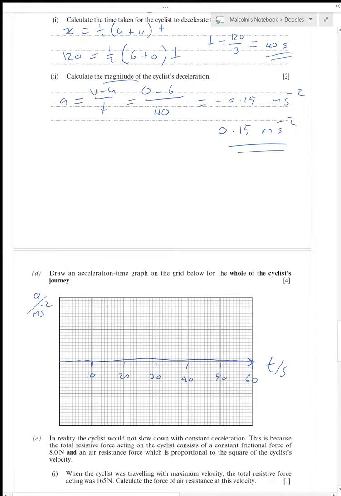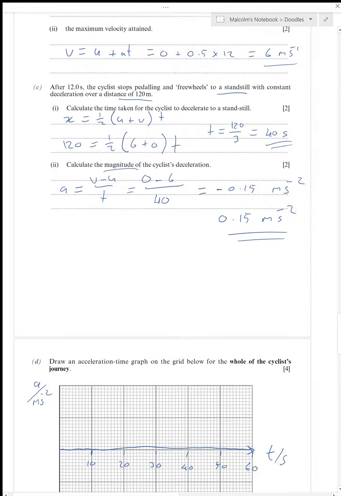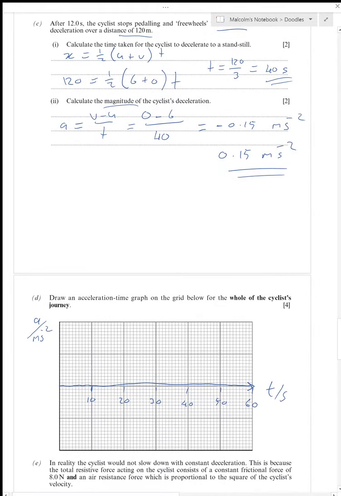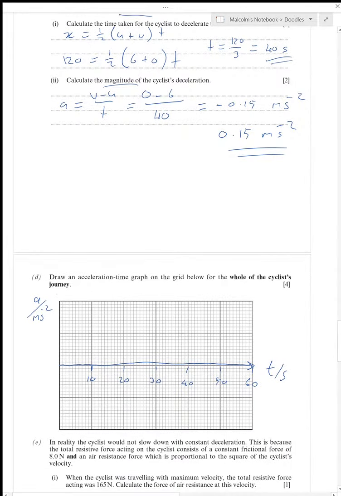And my scale for the acceleration, I need a positive acceleration of 0.5, negative 0.15. So if I call this 0.5, this 0.25, 0, minus 0.25, and minus 0.5.